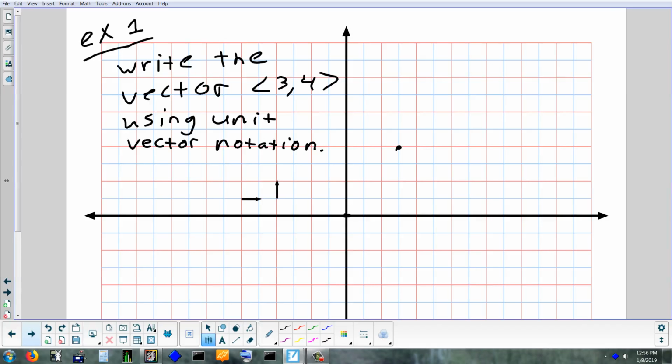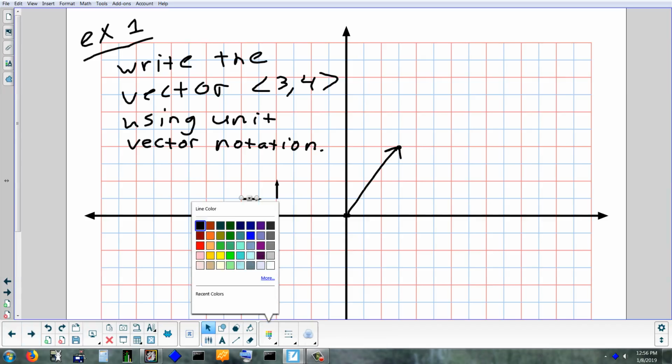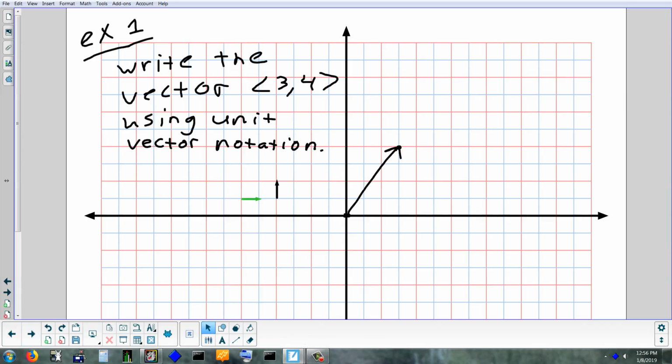So 3, 4. Now, what I want to do is try to build that vector out of I's and J's. And this is going to give me another way to write the name of it. Let's make this a different color. If I'm trying to get from the initial point to the terminal point, how many I's would I need to stack together?